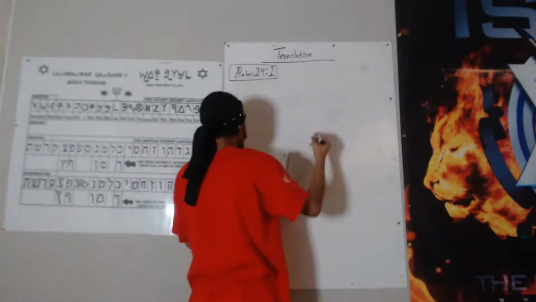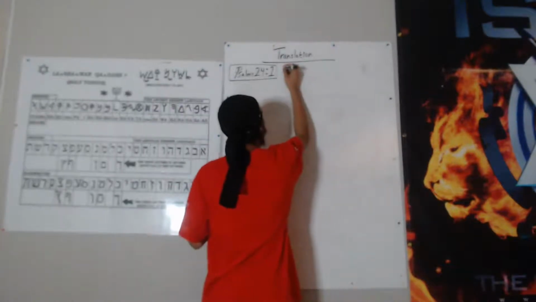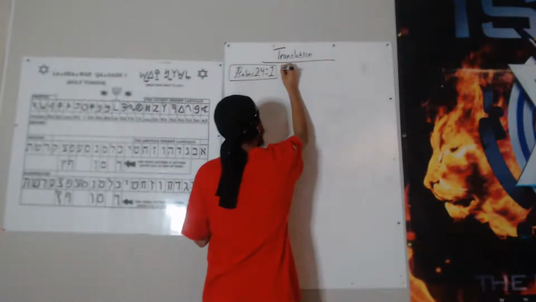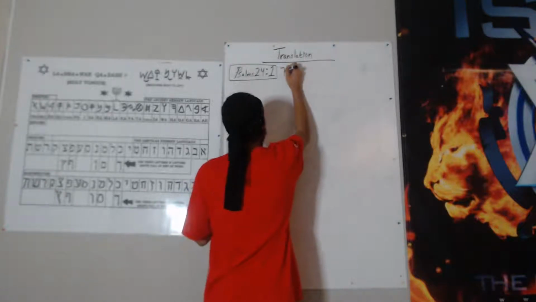All right, of course, like I always do, I like to write out the Syriac first. If you want to write it out in Hebrew first, that's up to you. That's how I do it.